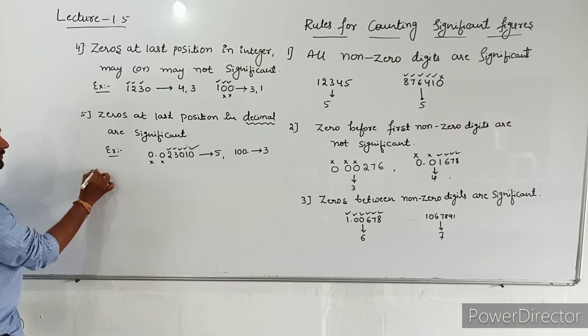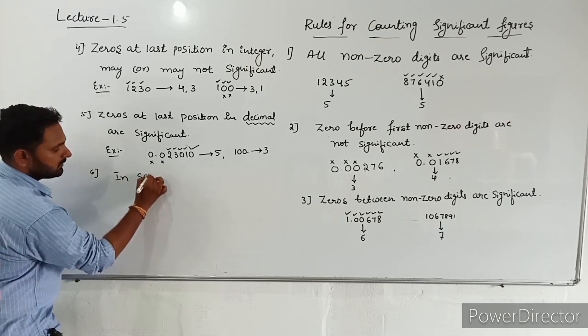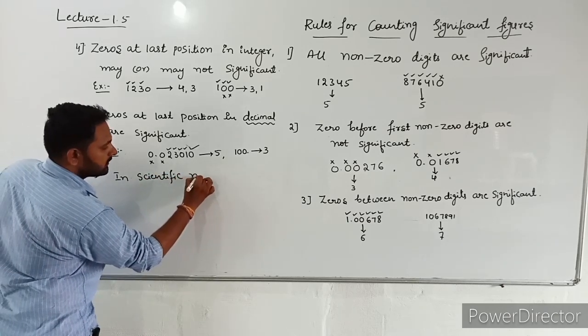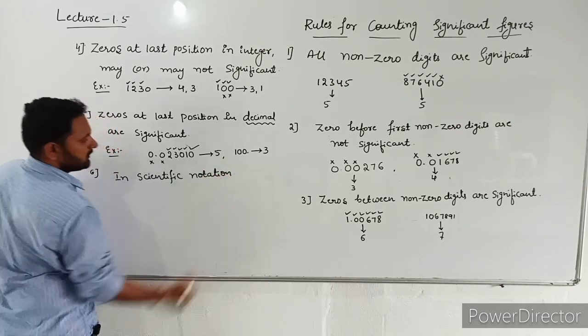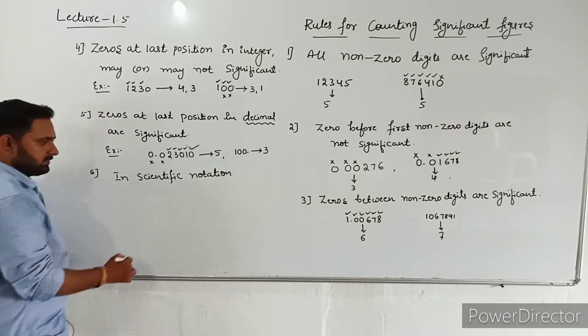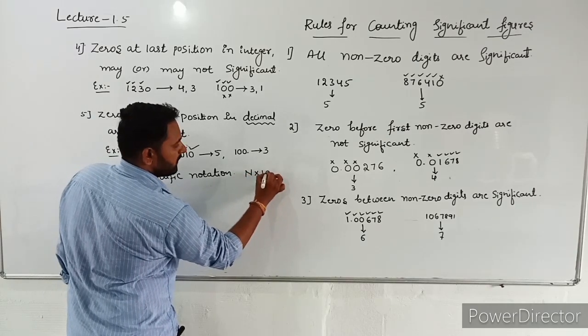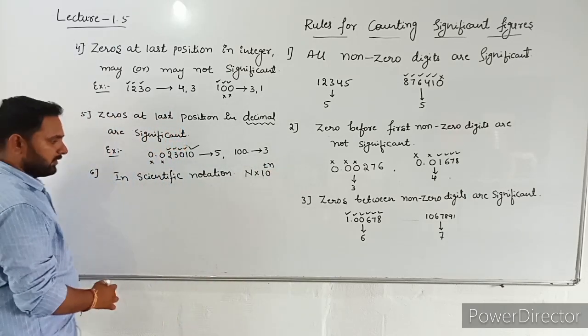Sorry, the sixth one. In scientific notation, what is the scientific notation? N times 10 power small n, where the exponent may be positive or negative.